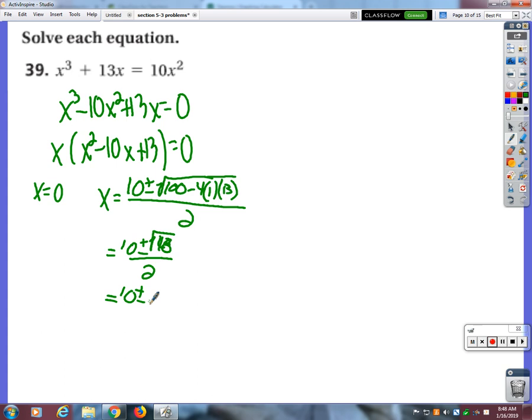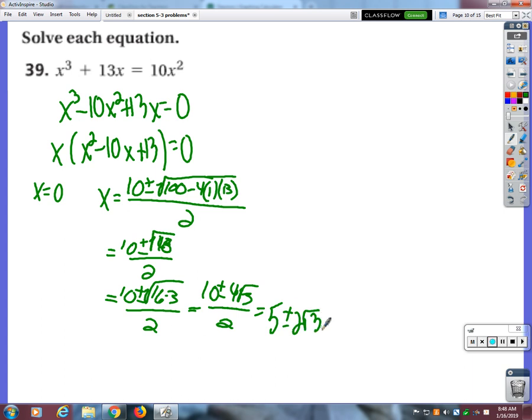Okay, 4 works. There's a bigger one. There you go, yep, 16. So I can rewrite 48 as 16 times 3. So 10 plus or minus 4 root 3 divided by 2. And then all of those are divisible by 2, so our final answer there is 5 plus or minus 2 root 3.